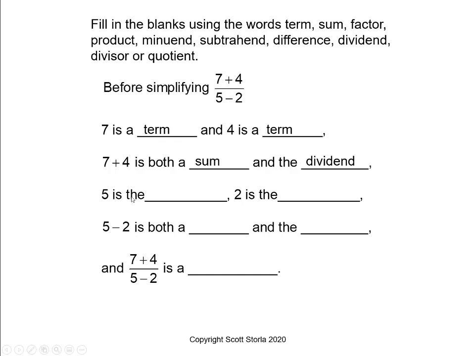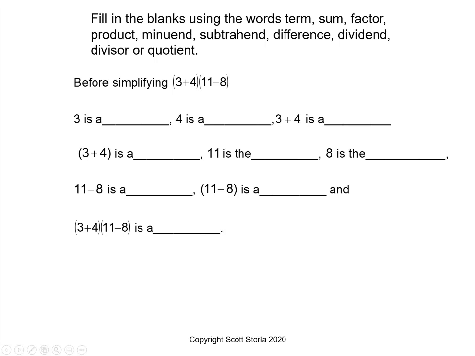Below the bar, 5 is going to be the minuend and 2 the subtrahend, since one is to the left and the other to the right of the dash symbol. The 5 minus 2 is both a difference, and since it's below the bar, it's also going to be a divisor. By order of operations, we would add first and then subtract and divide last, and since we would divide last, the entire expression is a quotient.